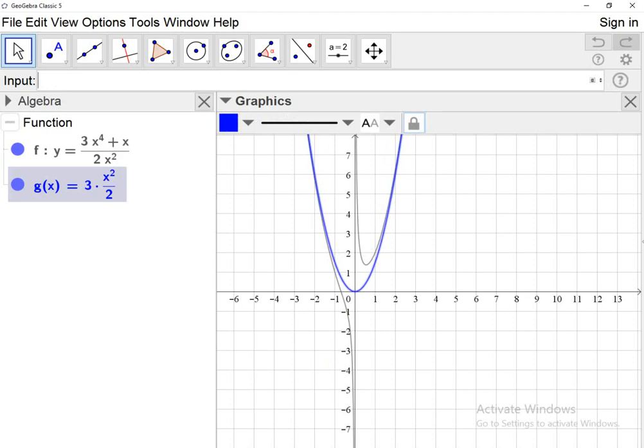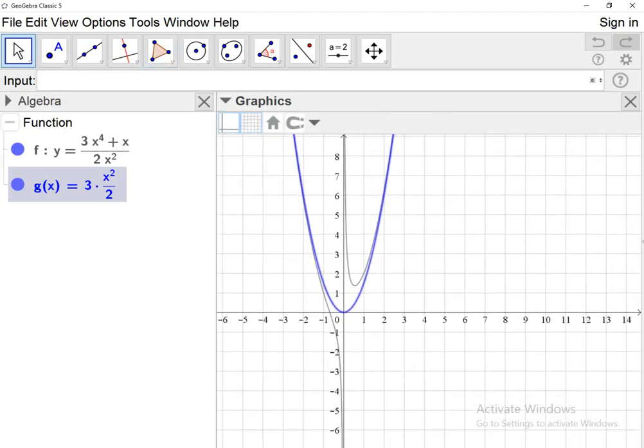We get that blue curve right there. Do you see how the gray one is actually kind of following that blue curve? Okay. So that blue curve, it's an asymptote. We call that an oblique asymptote.